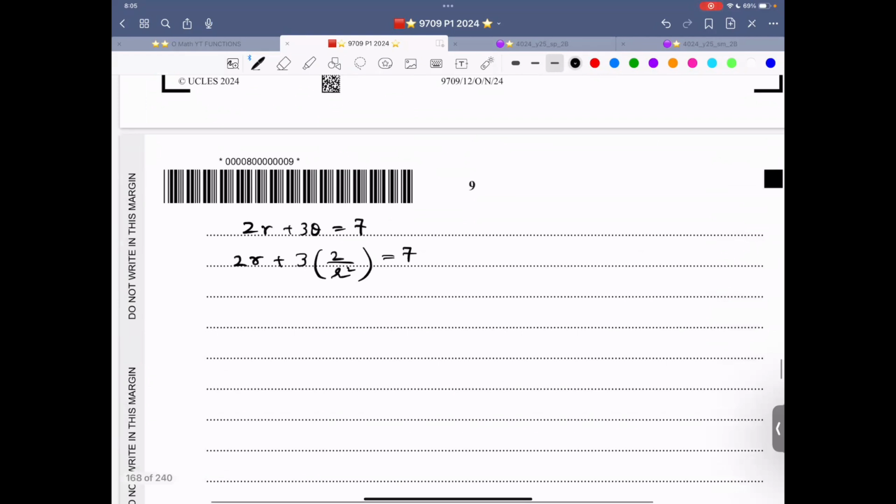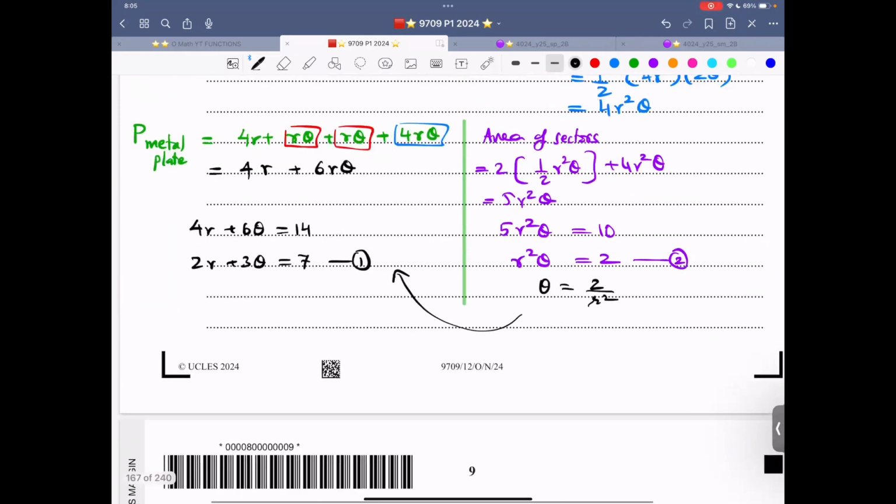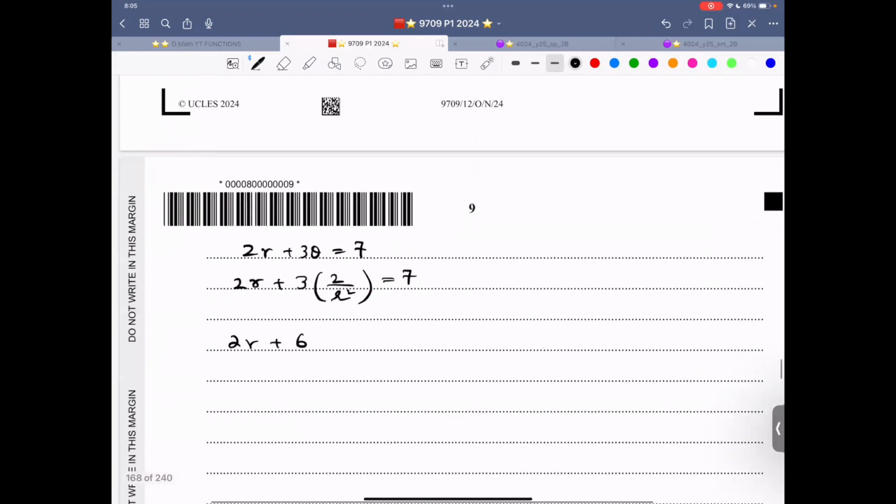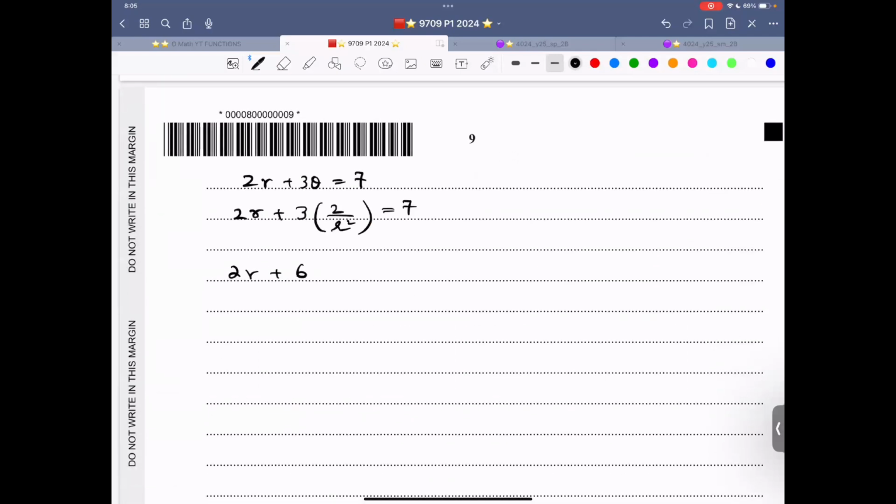Cross multiply. And are we getting a cubic? Yes, 2R plus 6, this is over R squared, and this 6 equals 7R squared.